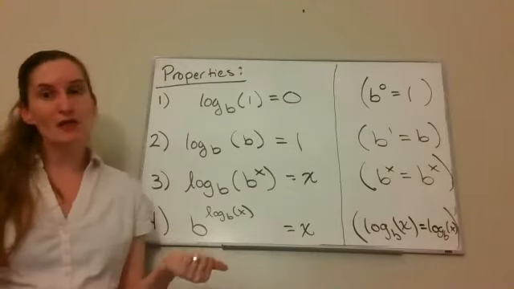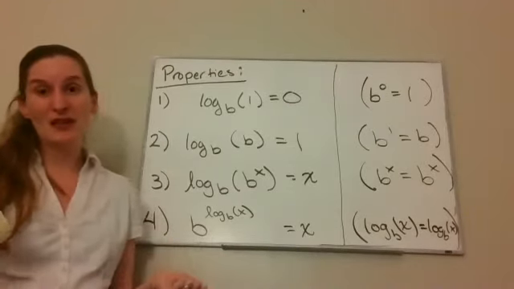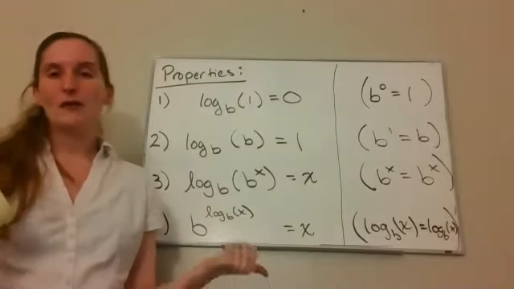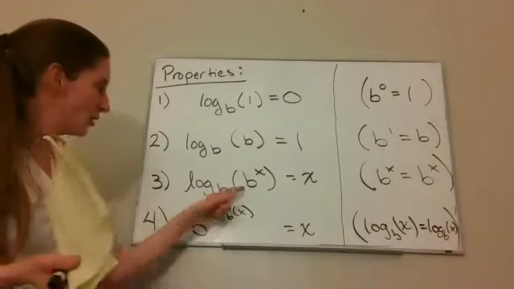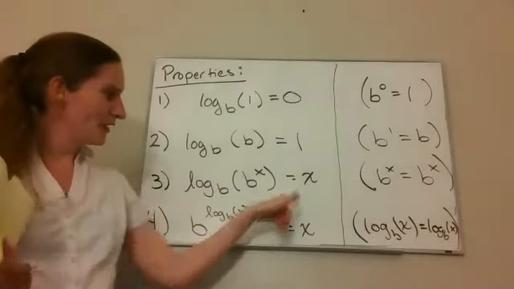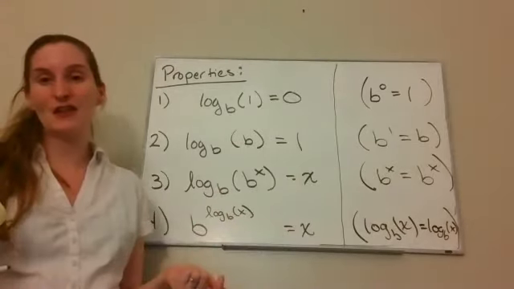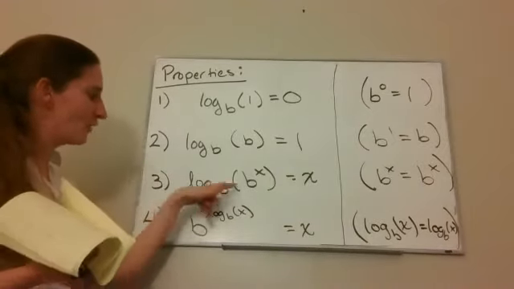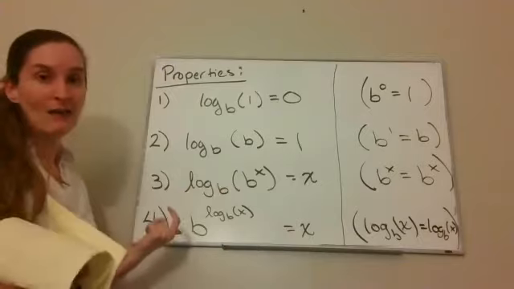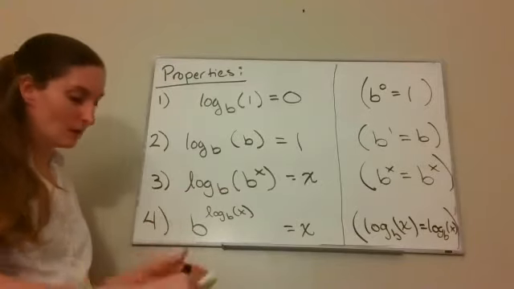That should sound familiar from something just a couple videos ago. Logarithms and exponential functions are inverses of each other. When I plug one of them into the other, I'm getting x. That's the definition of an inverse function. It's just very important to notice that these have the same base. They need to have the same base to be inverses of each other.